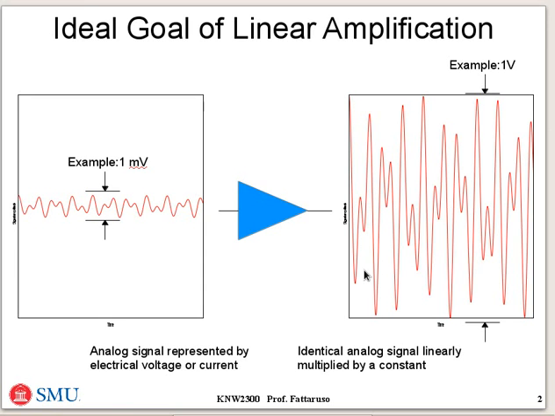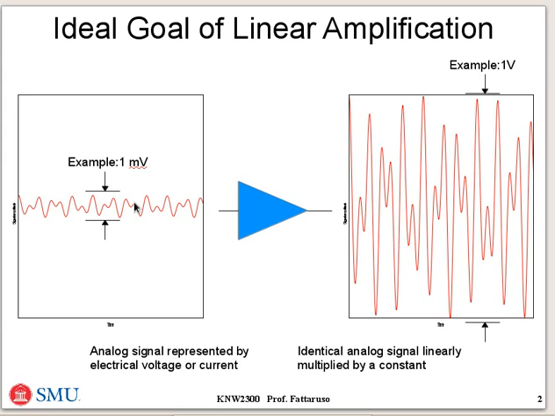So this is the basics of what we think of when we talk about a circuit block that we call an amplifier. Suppose we have some sort of analog signal that represents something in the real world, perhaps an audio signal or a video signal, or some sort of levels from a sensor in your robot.